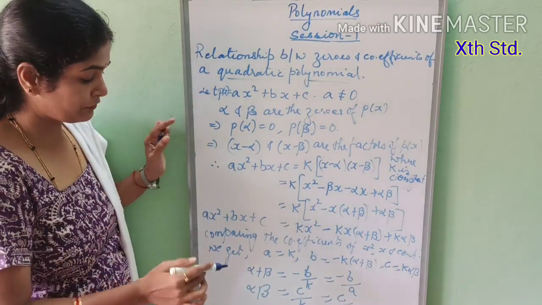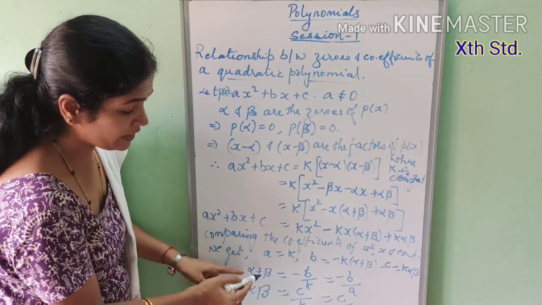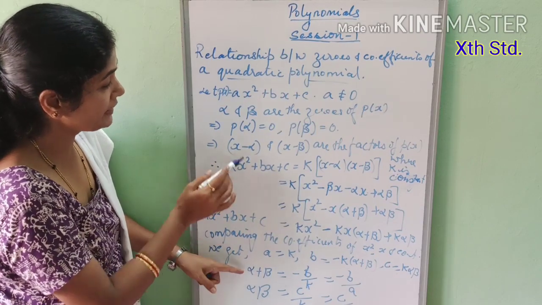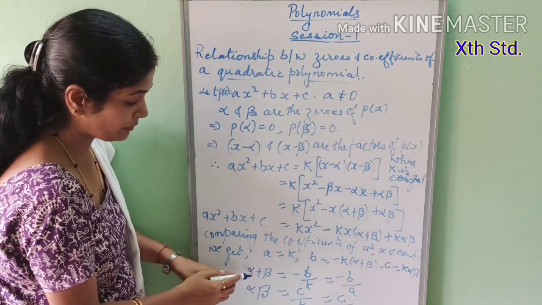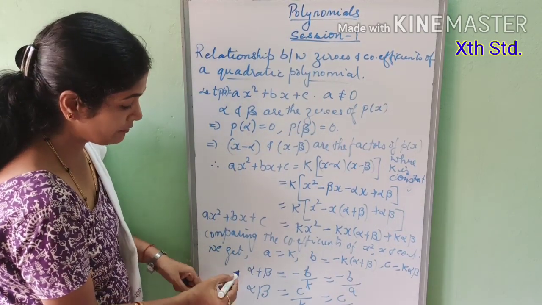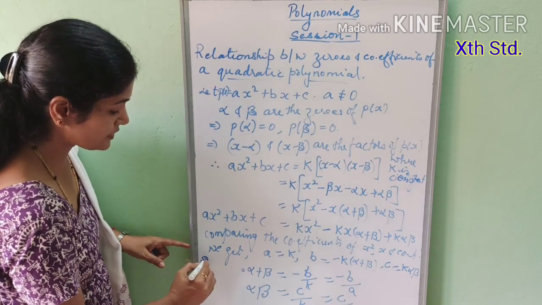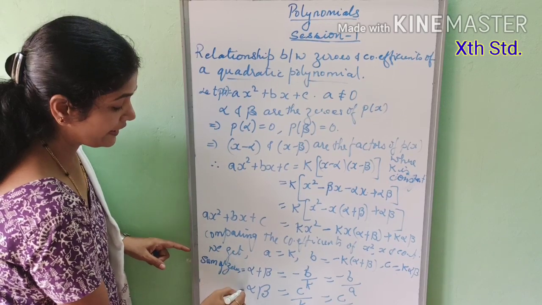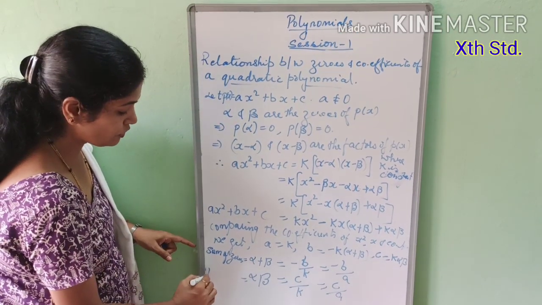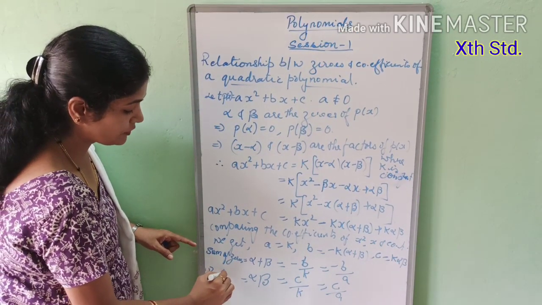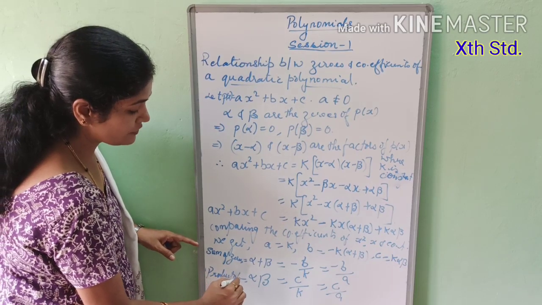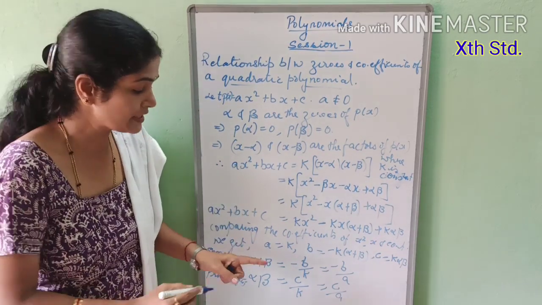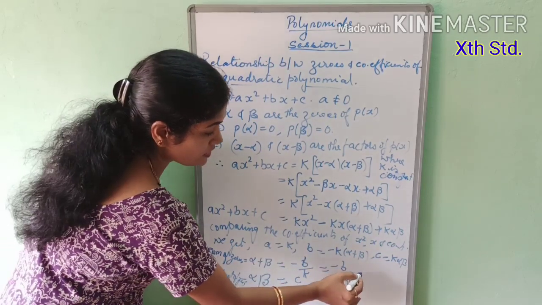Now look carefully. Alpha plus beta. What are this alpha and beta? These alpha and beta are the zeros of the polynomial. Alpha plus beta means the sum of the zeros, correct? Sum of zeros. And alpha into beta is the product of zeros, right? So the sum of the zeros is equal to what?